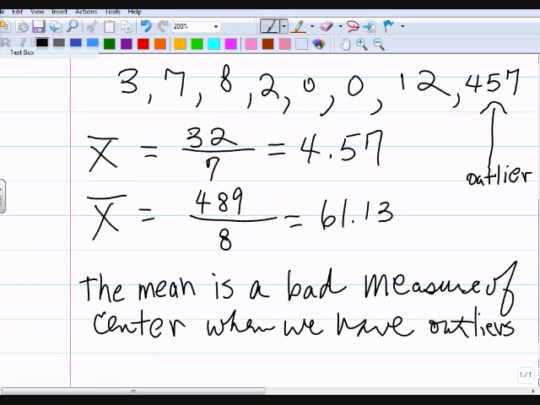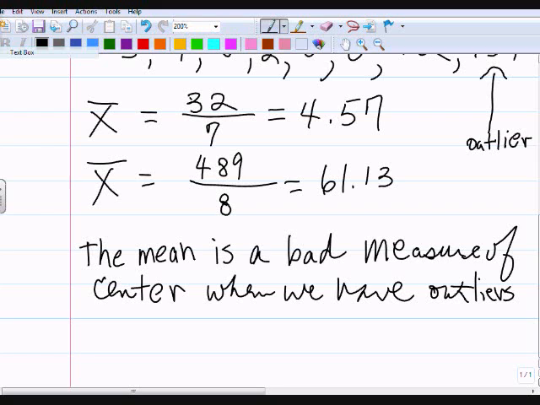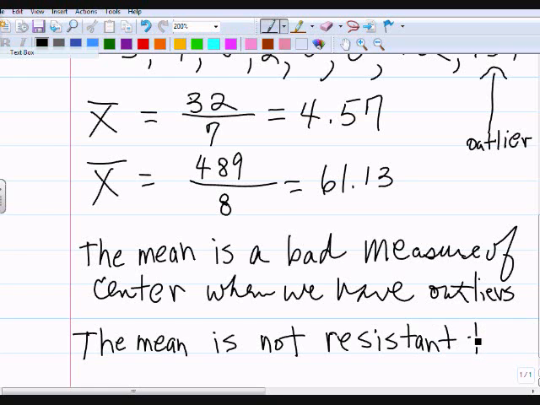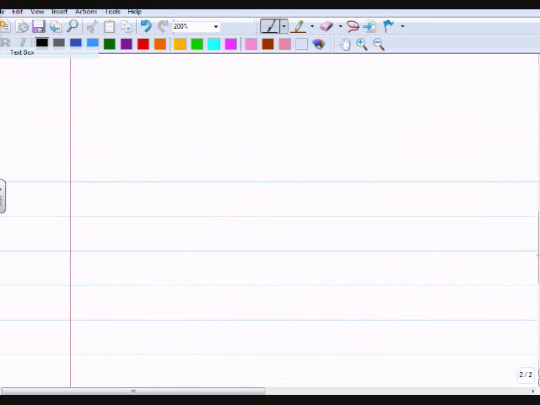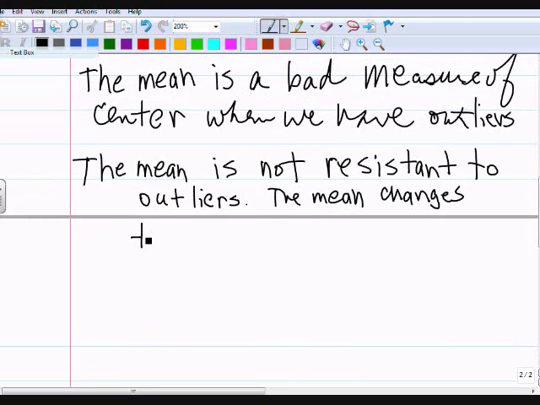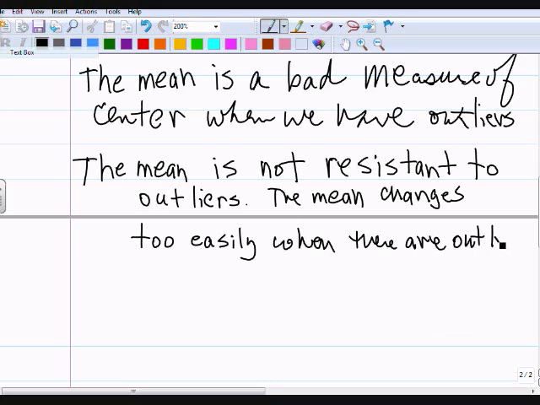So this bad measure of center is described as that the mean is not resistant to outliers. The mean changes too easily. Okay.